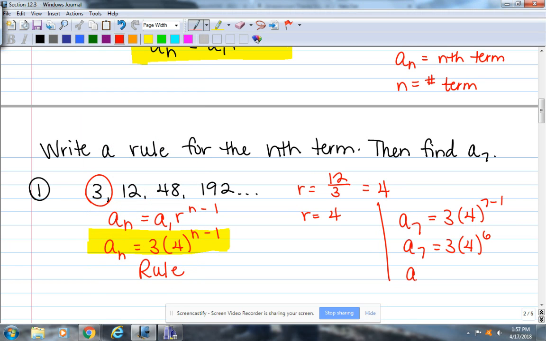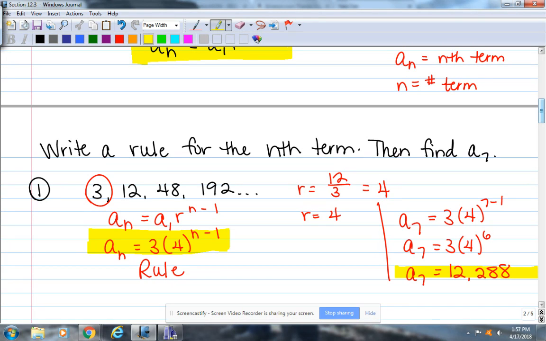So a sub 7, which is the 7th term, is 12,288. So that wanted me to find two things, the rule and then the 7th term, and I found them. So after you get the rule, finding a term is easy. After you get the rule, plugging your n's in is easy. And just use your calculator because you're going to get some big numbers today.